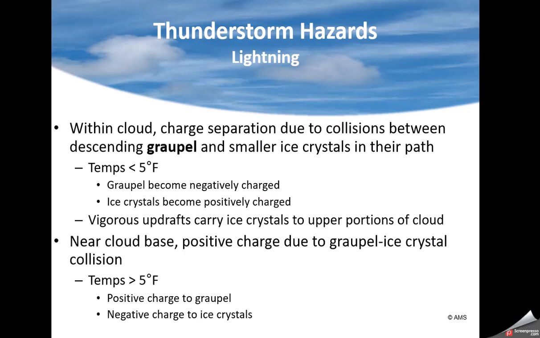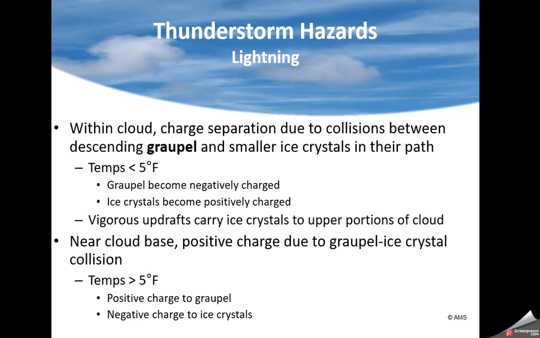How does lightning form? Lightning is just the atmosphere. And interestingly, graupel, which is kind of a partially melted ice crystal, changes charge depending on its temperature. And that always struck me as very strange, and I do not claim to understand the physics behind that.